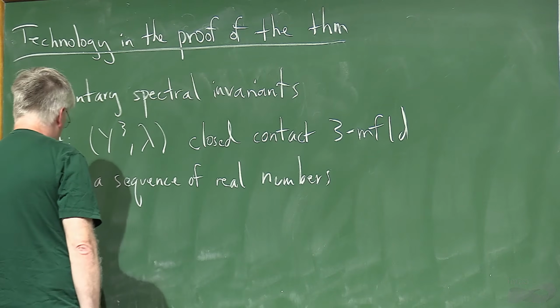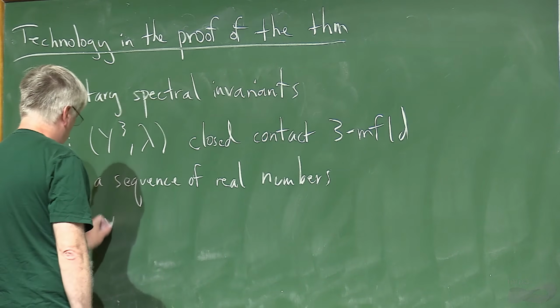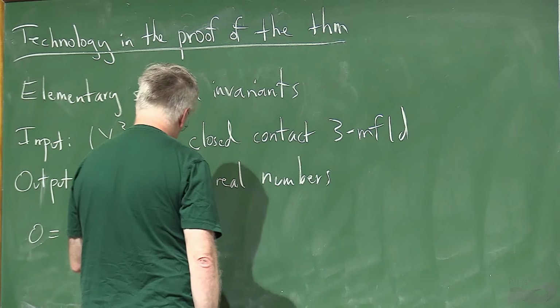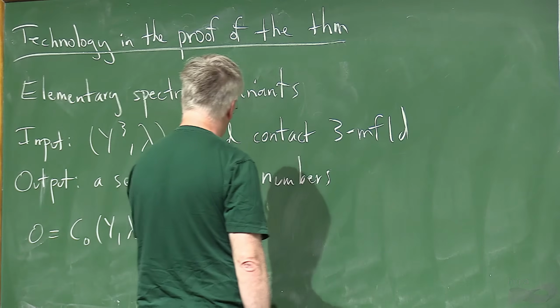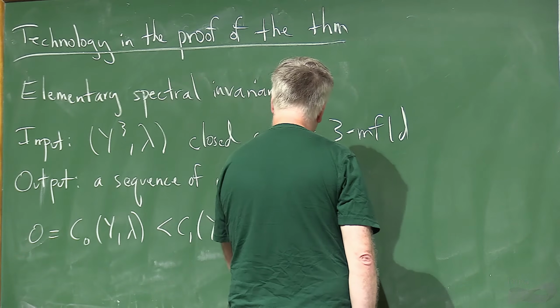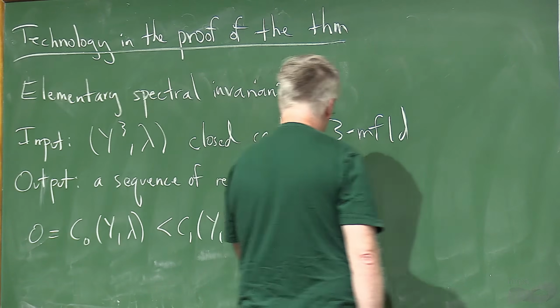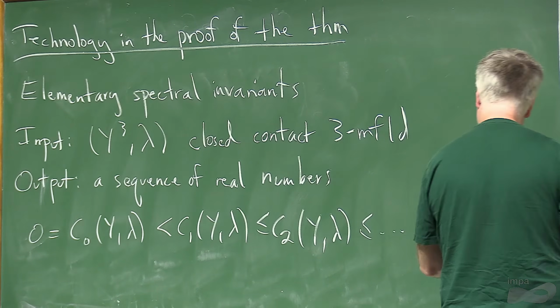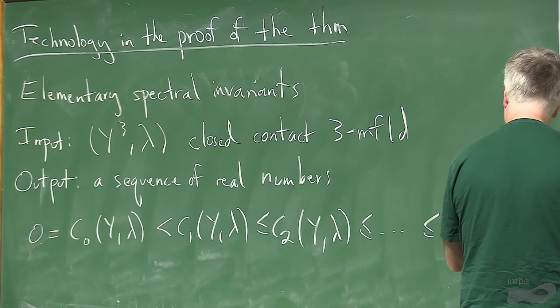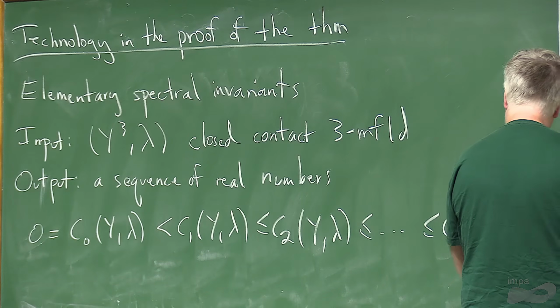They start at 0, so c_0 is equal to 0. c_1 is positive. And then they are non-decreasing, but they are all finite.